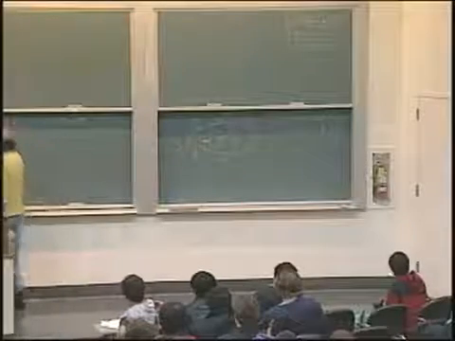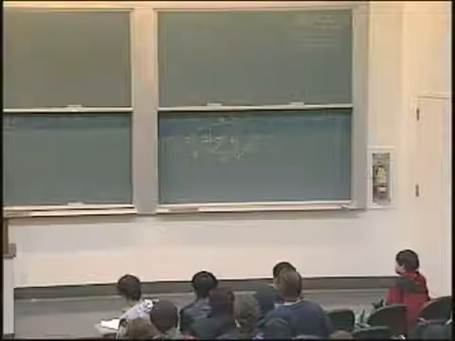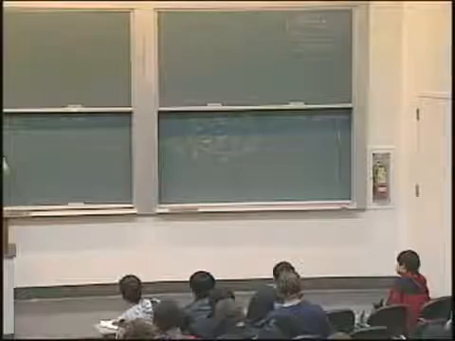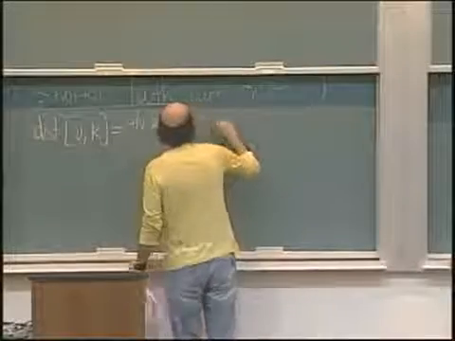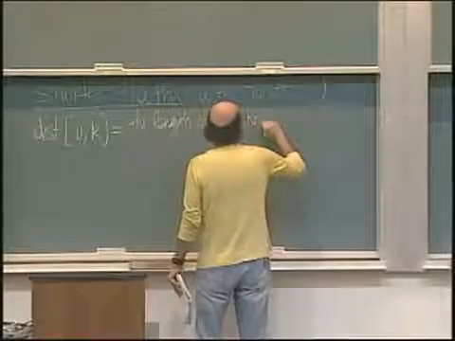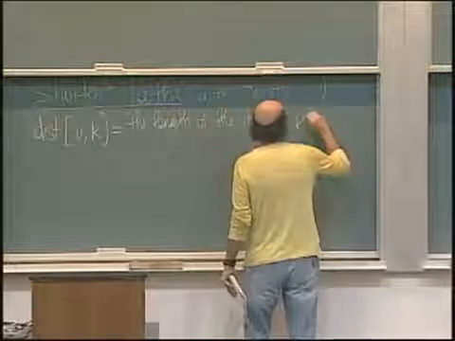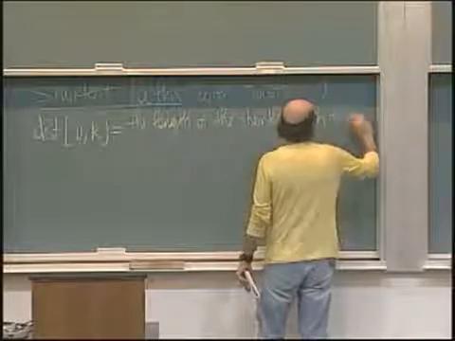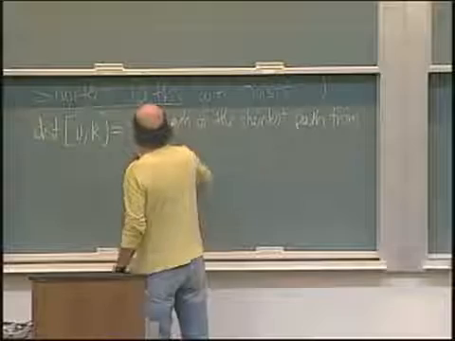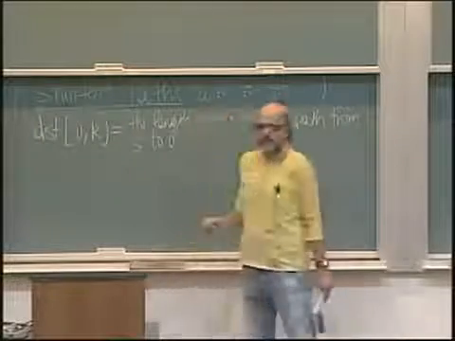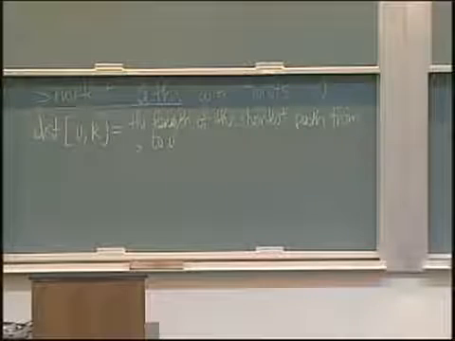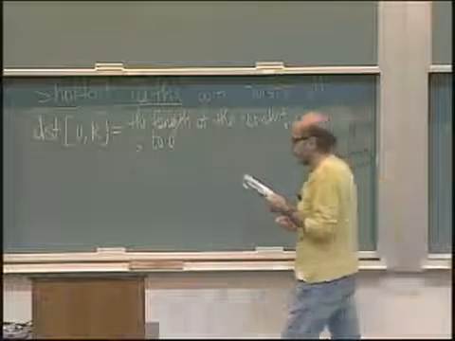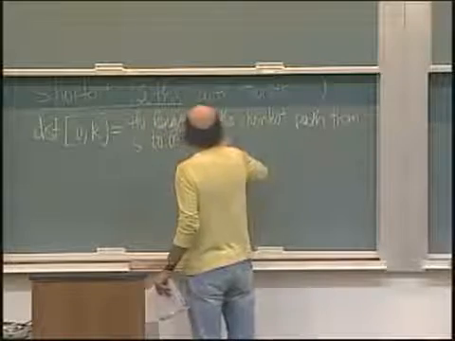So here is my trick. Distance Vk is the length of the shortest path from S to V. We are again in a domain where we have a single source and many things, like Dijkstra, with k edges.